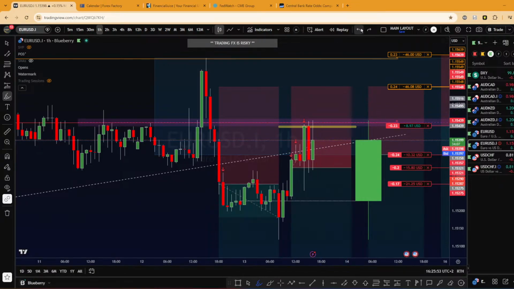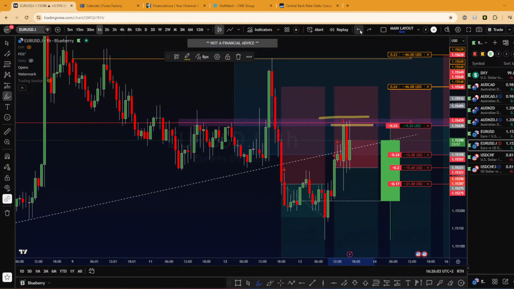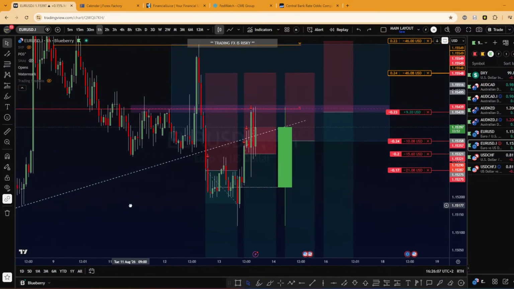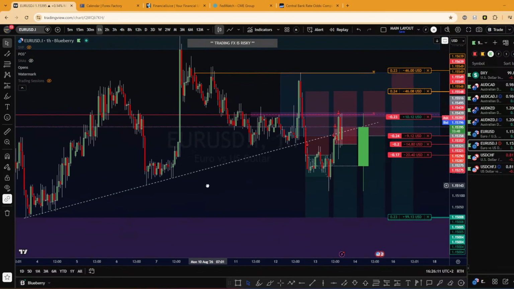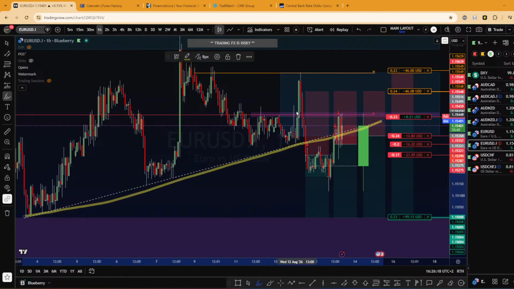This is the level I'm watching right now, so I will reduce some risk, not close all the trade, but reduce some risk. Because after breaking this trend line, you see, this could mean that we reintegrate the trend line.